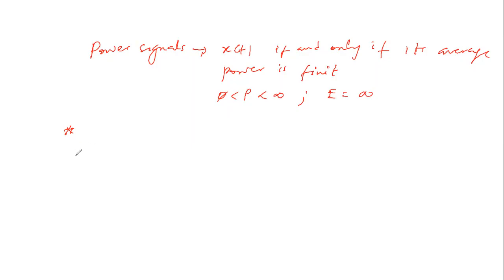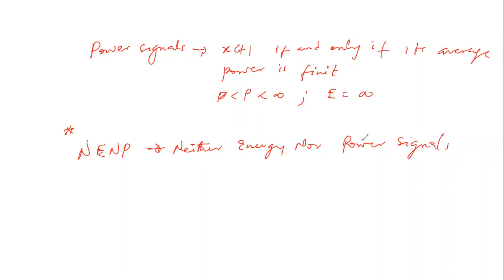And the final group we'll be talking about here is the neither energy nor power signals. So for any given signal that does not obey the principle for the energy and power signals, we say they are neither energy nor power signals.